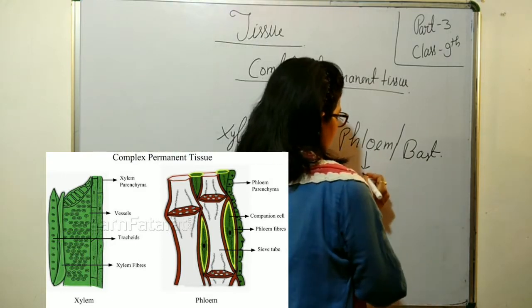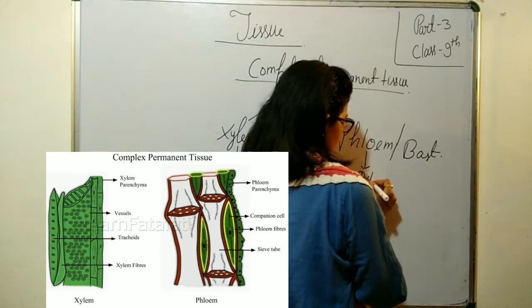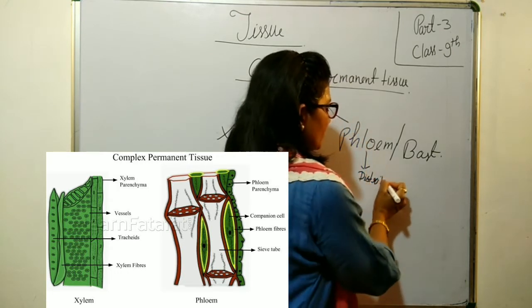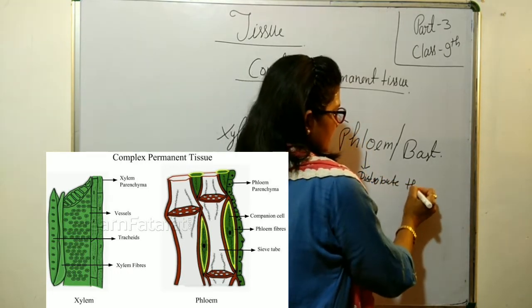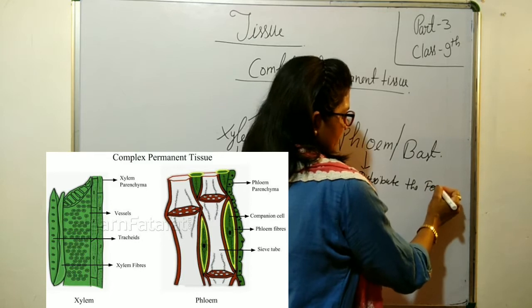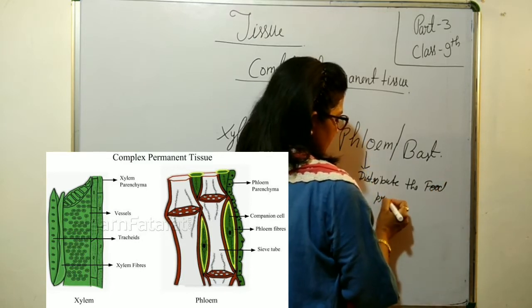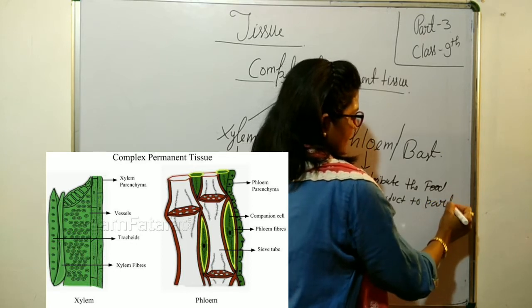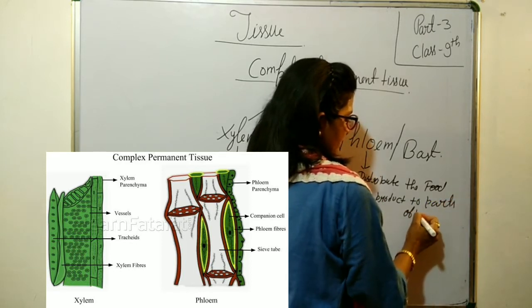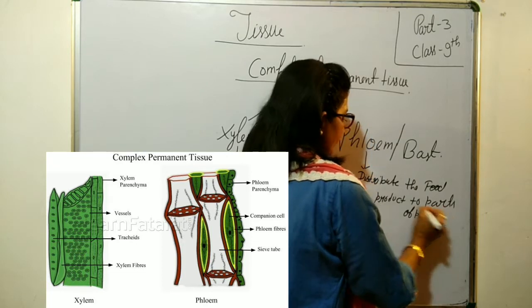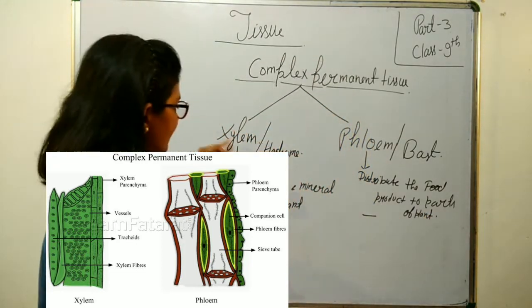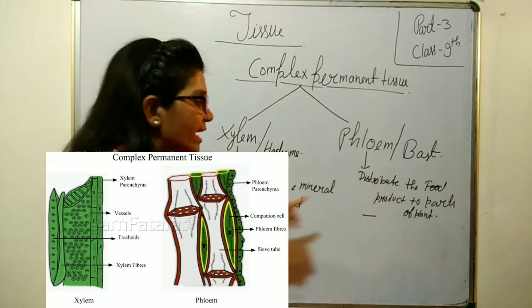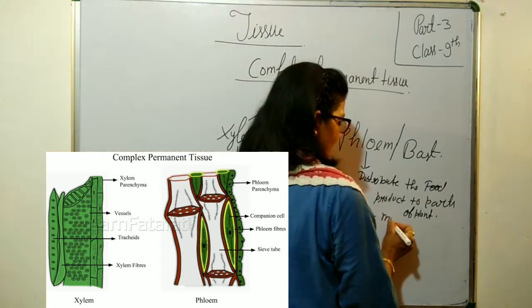So it distributes the food product to various parts of the plant. Now, one very important thing: as the conduction in xylem is upward, here it will be multidirectional.